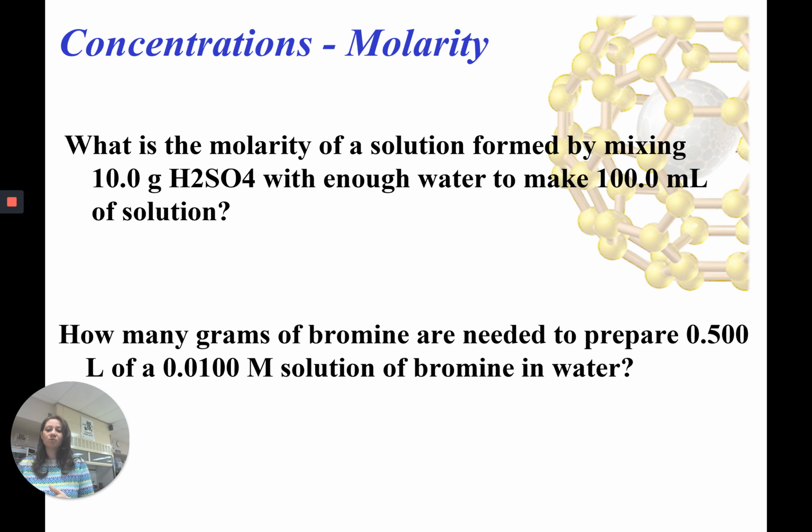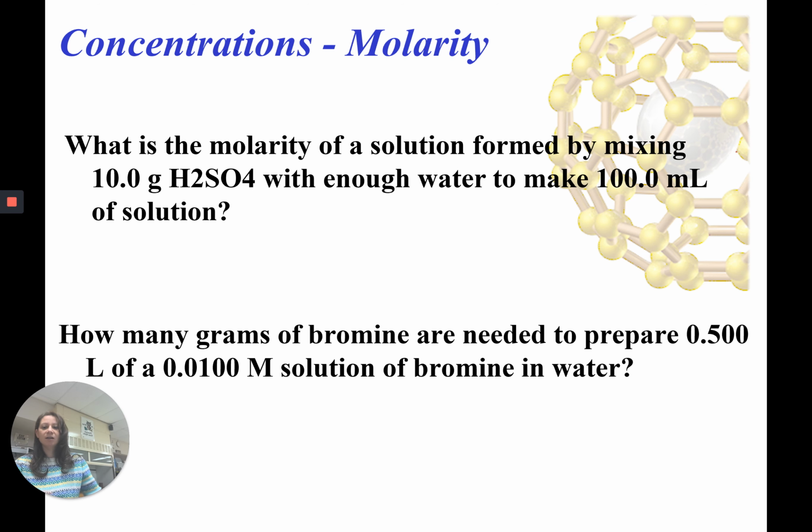For example, biologists prefer to express it in terms of percentages, either percent by mass or percent by volume. Environmentalists prefer parts per million or parts per billion, and so on. In chemistry, the preferred method is molarity.